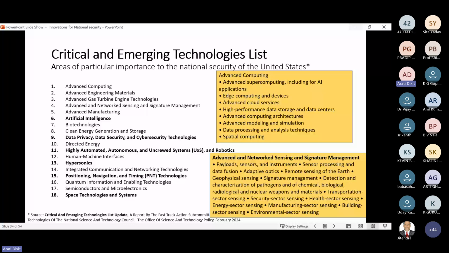This is the list of critical and emerging technologies published by the White House, and they publish it pretty much every year. These 18 technologies, according to the White House, are of great importance and significance to the national security of the United States.